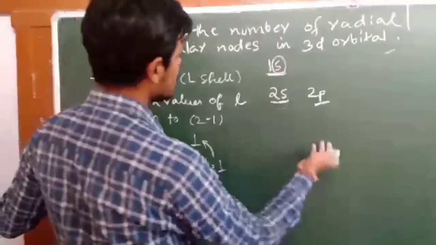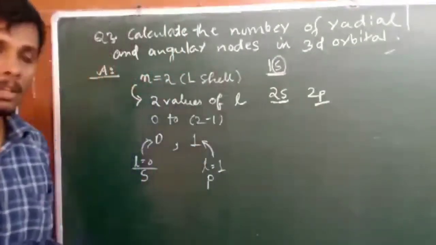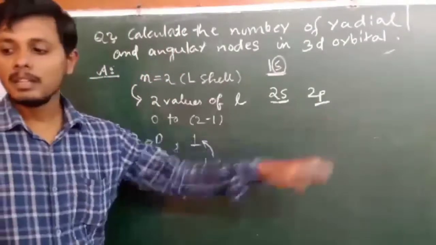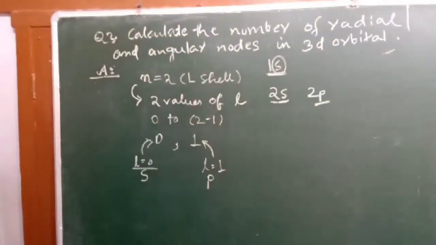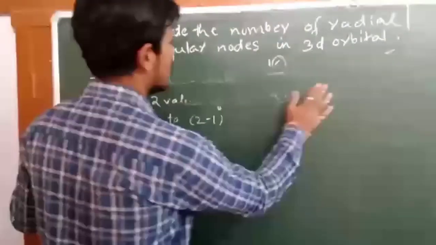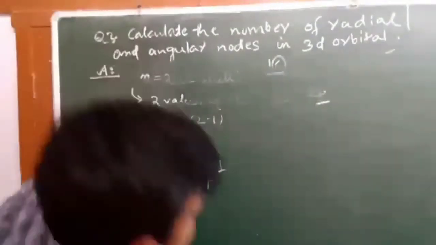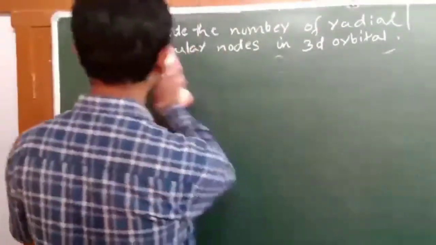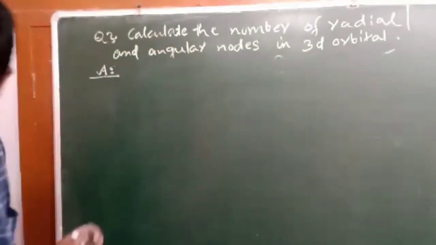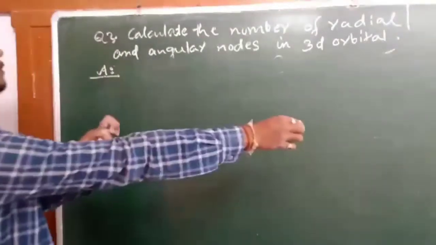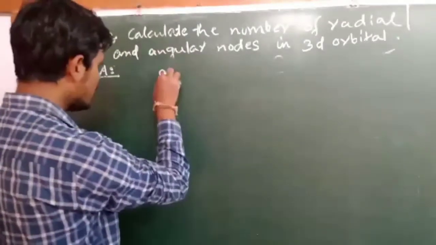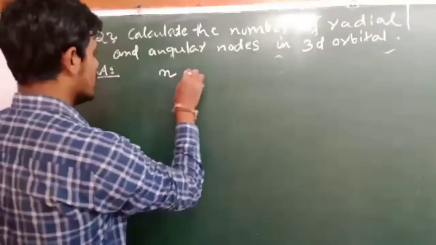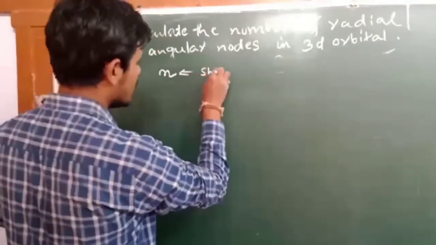Inside the s subshell and the p subshell, there will be orbitals which will be characterized by the magnetic quantum number ml. Now, if the principal quantum number is n, it will tell me about the shell.